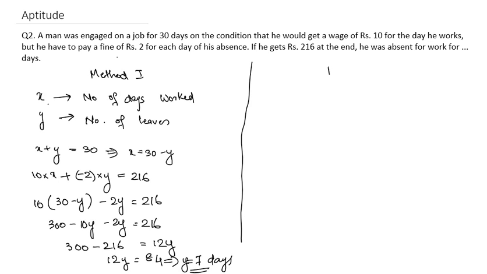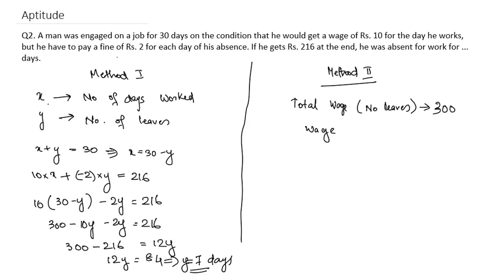Now method 2. Suppose he worked for 30 days with no leaves, his total wage will be 300, but the wage received is 216.